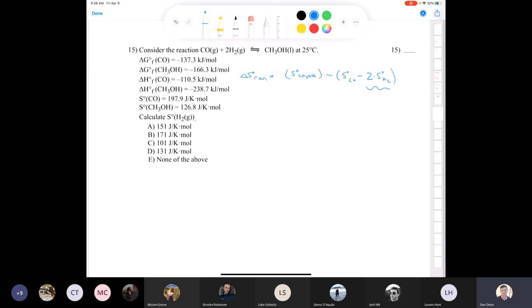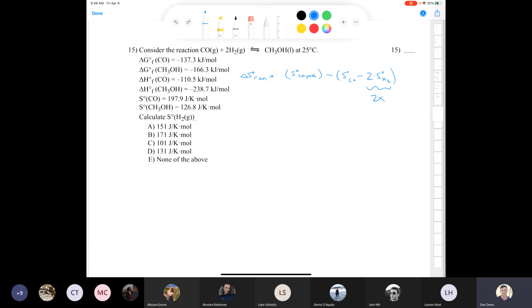So we'll call this 2x, and x will be the standard entropy of H2. That means that we need the delta S of this reaction in order to determine the standard entropy of the hydrogen.